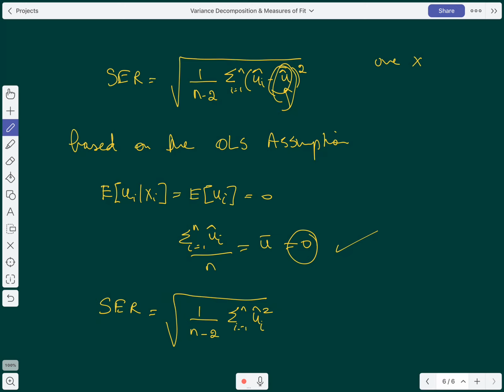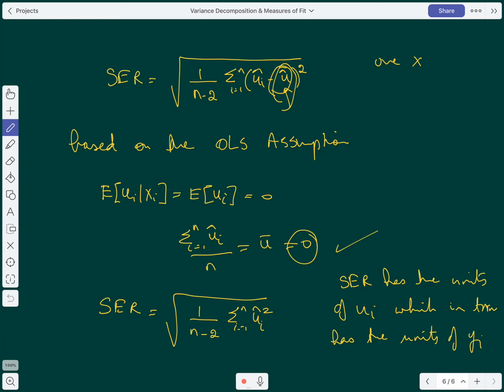And the last thing I want to write here is that the SER has the units of u_i, which in turn has the units of y_i.